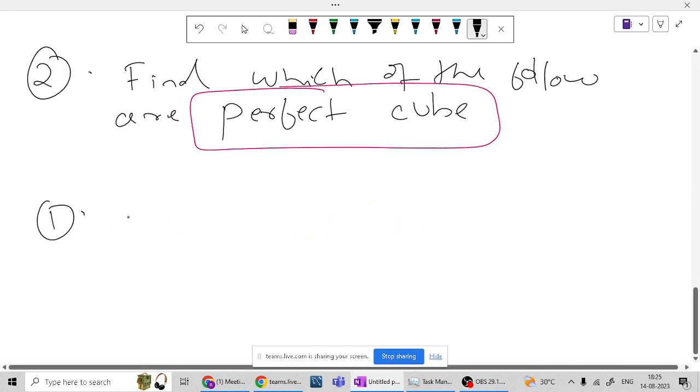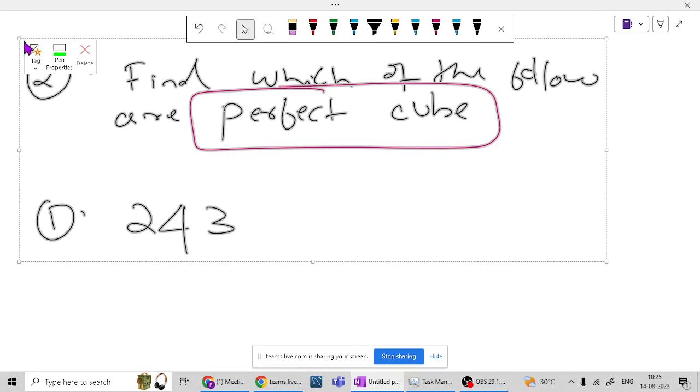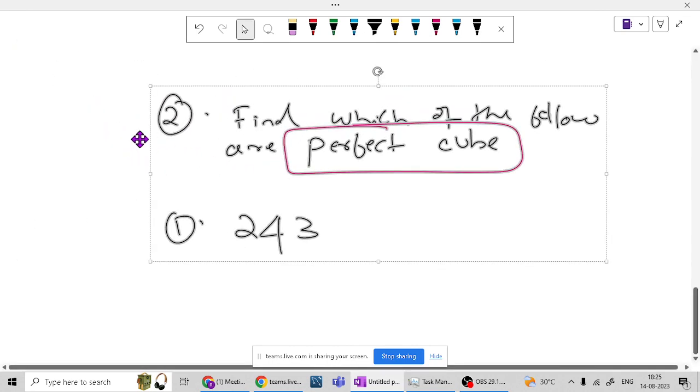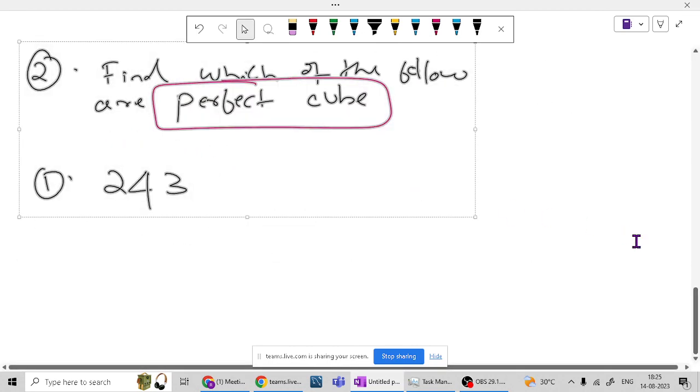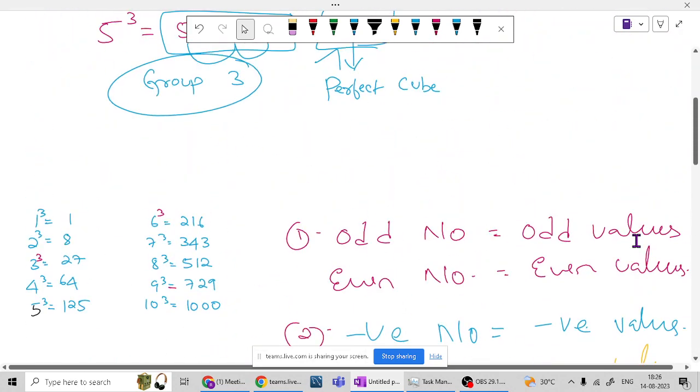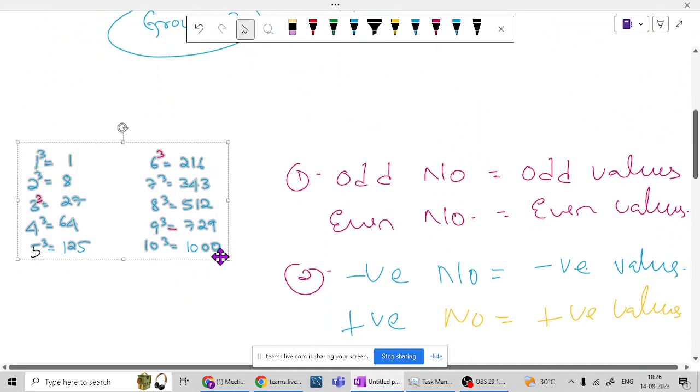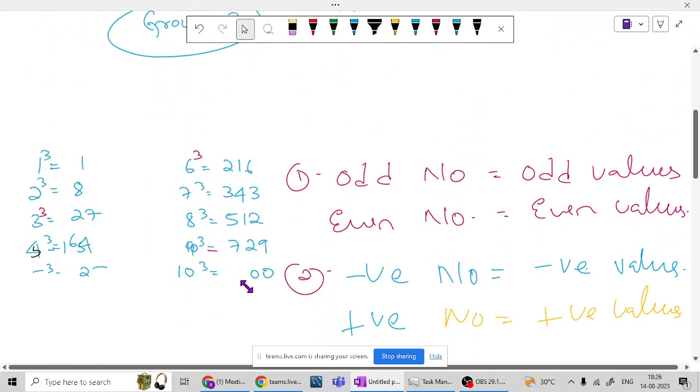In a similar way, the first question they have asked is 243. Is 243 a perfect cube? No, sir. Why? Because there's no number like that. Look here, that's the reason I told you to memorize this. Where does 243 lie?